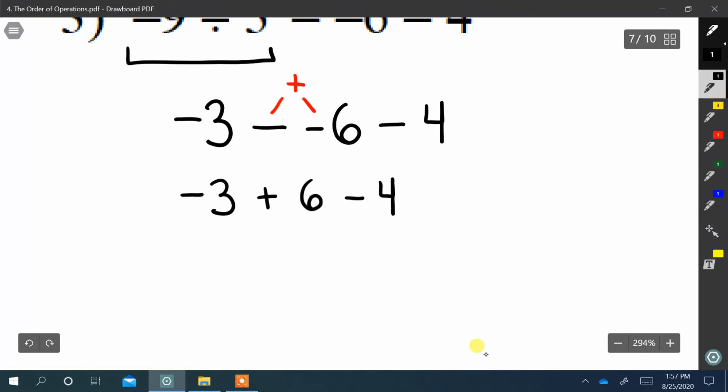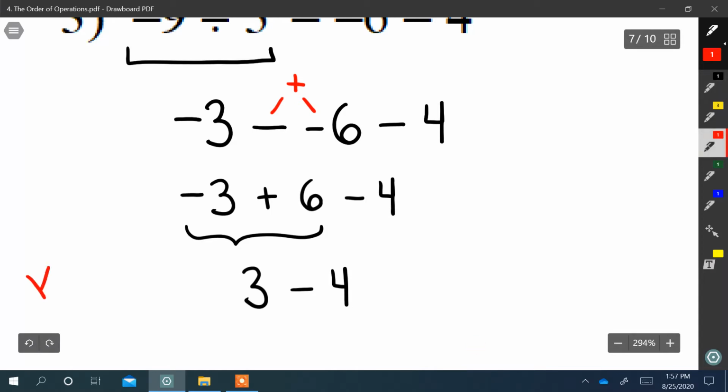Negative 3 plus 6, that's going to be 3. Then 3 minus 4, you have to be careful with that because you have more negatives. If you use KCO, we change the minus and we turn this one into a negative.